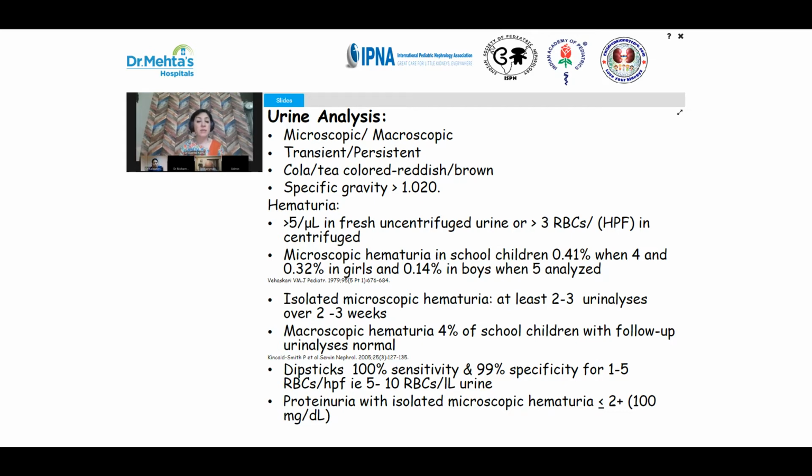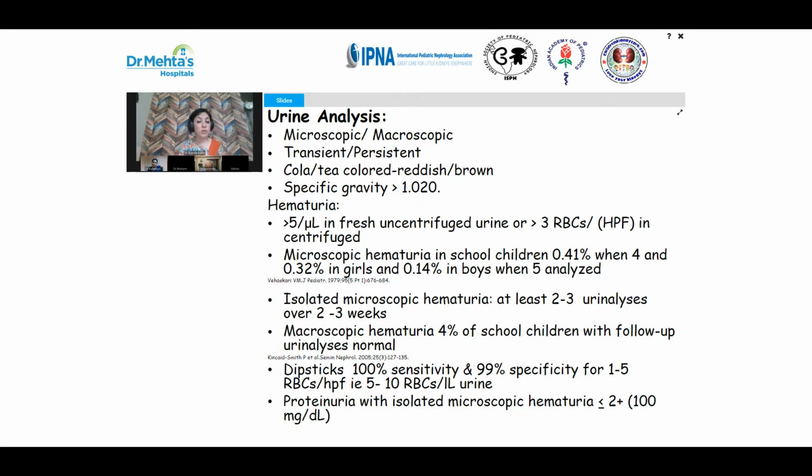So isolated microscopic hematuria merits at least 2 to 3 urine analysis over next 2 to 3 weeks. However, macroscopic hematuria with proteinuria merits urgent follow-up. And 4% of school children may have macroscopic hematuria with follow-up urine analysis normal.